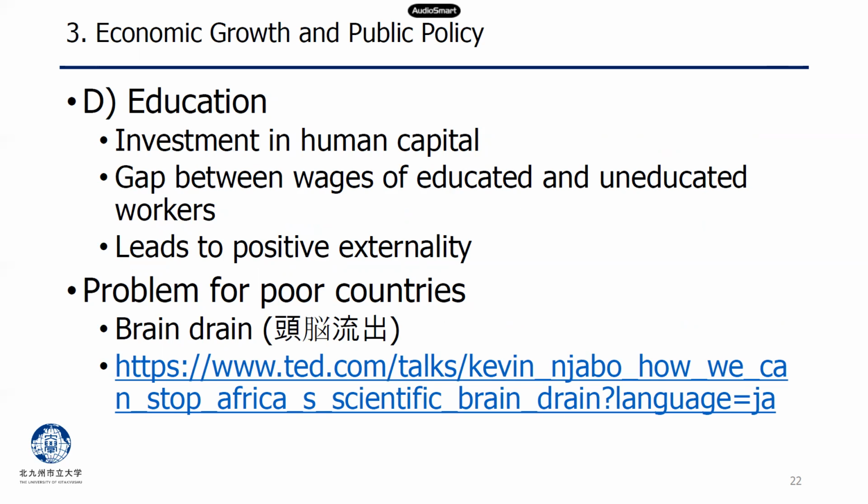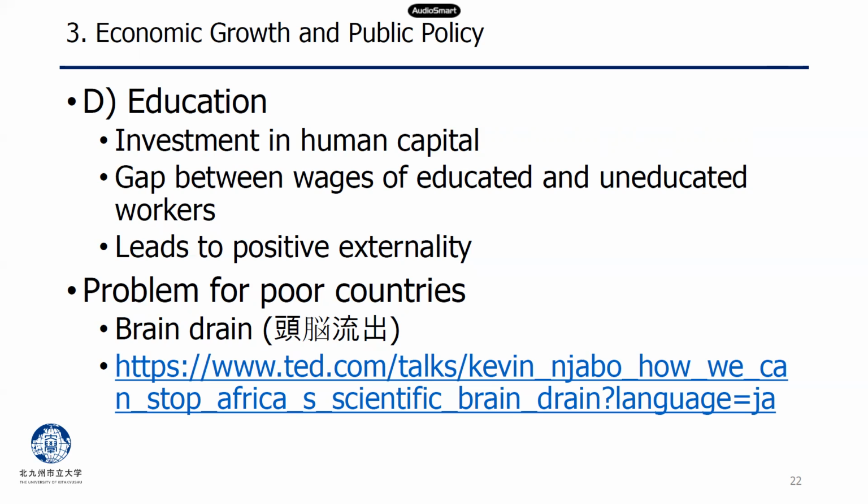And one of the problems that developing countries face is called the brain drain. Brain drain. I hope you can remember this word. If you read this in Japanese, you know what that means, right? Smart people, they want to go to rich countries and work there. They don't want to come back, right?